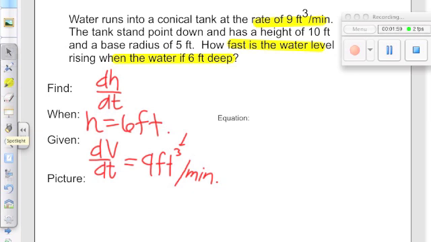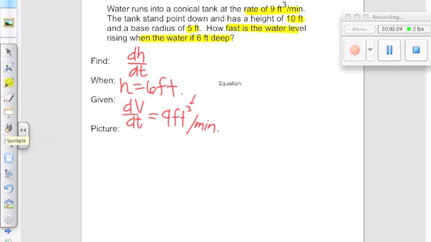Now you might be asking, well, what the heck is this information here? This base and the feet? Well, that's just what size our tank is. So let's draw this picture. It says the point is down. A conical tank is a cone, right? So I need to have these pieces right here. What this is saying is this actual cone has a radius of 5 and a height of 10.